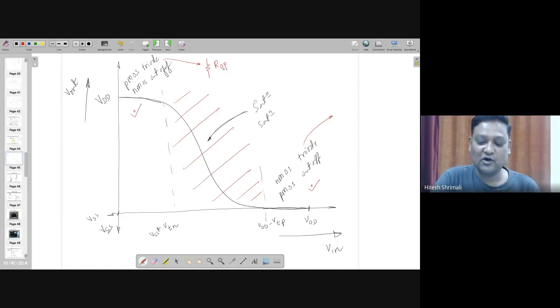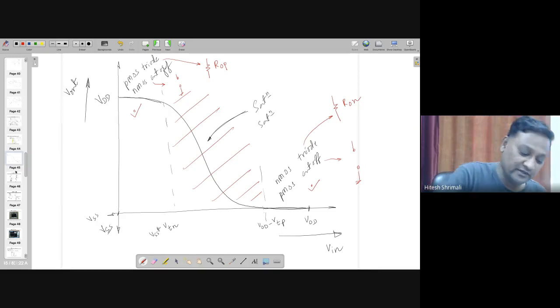RO is the on resistance of PMOS, and the on resistance of NMOS, which is in triode, I'm going to call RON. When it's in cutoff, it's as good as an open circuit, or you can say that the resistance is infinite, right?